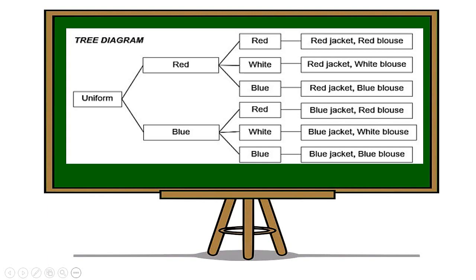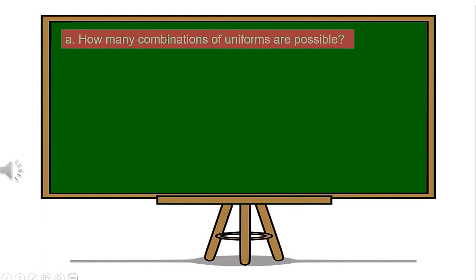So we have red jacket and red blouse. Second, red jacket and white blouse. Third, red jacket and blue blouse. Fourth, blue jacket and red blouse. Fifth, blue jacket and white blouse. Then, blue jacket and blue blouse.